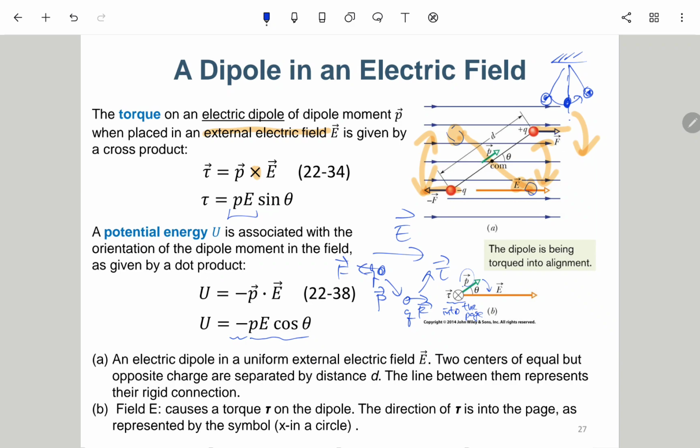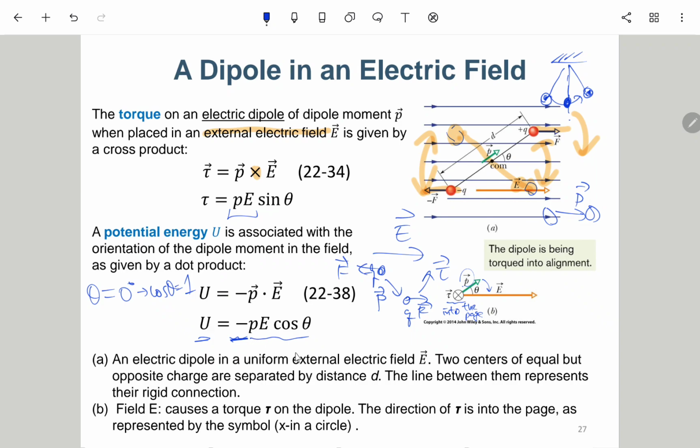So in such a way, when theta is 0 degree, cosine of theta is 1, which is the maximum value, but after taking the negative sign, U is minimized. So when P is pointing to the right side, U is minimized.